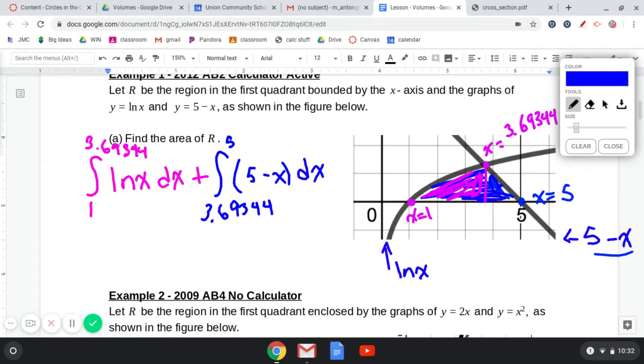So you can do this by hand or use a calculator since we have a wild decimal right here.